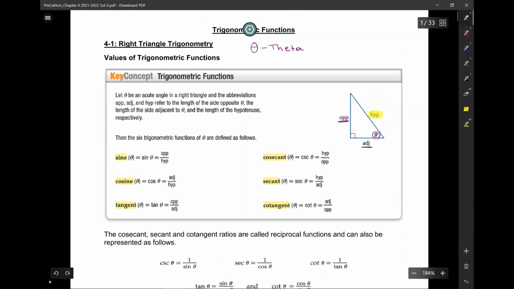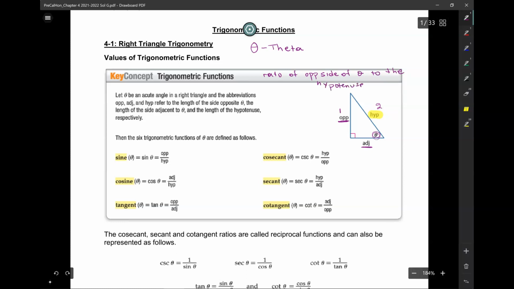Now, suppose just for fun that this opposite side had a length of 1 in this triangle, and the hypotenuse had a length of 2. If I were to ask you, what is the ratio of the opposite side of theta to the hypotenuse?